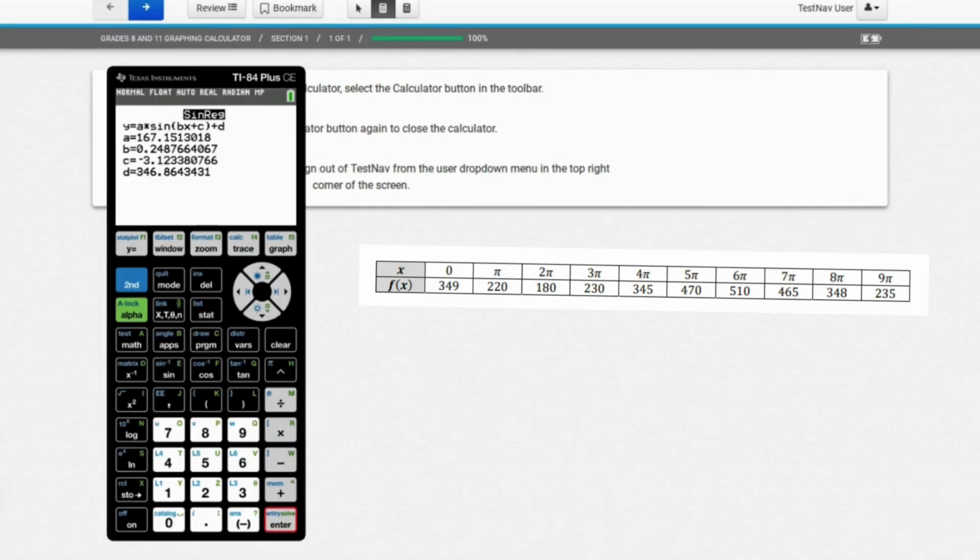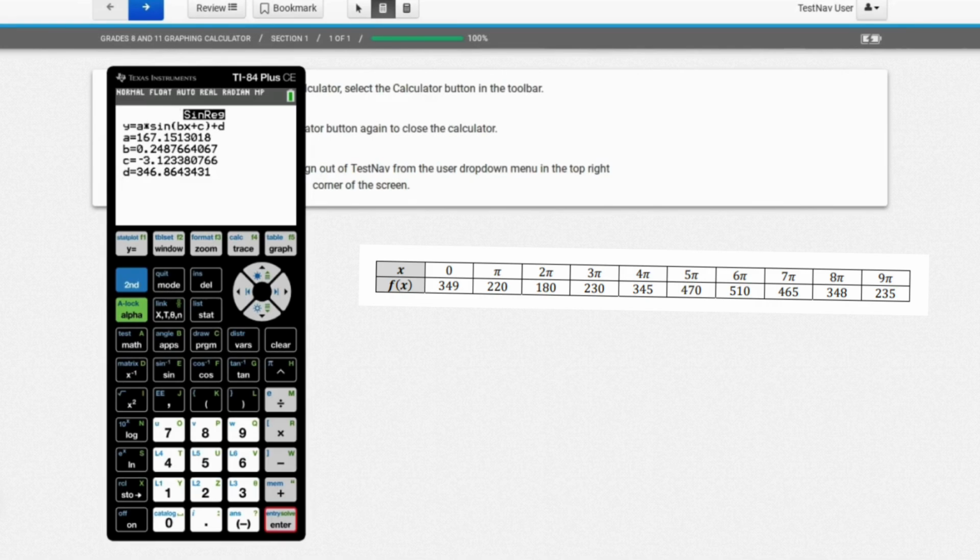So when we write this out, they wanted f of x, so f of x equals 167.151 sine parentheses. Now notice that this is not the traditional way that we do it. This is just their version of it. So don't be like, what about the double parentheses and the minus sign? Baby, we're just writing out what they have us write out.